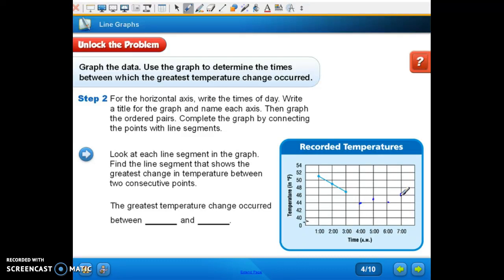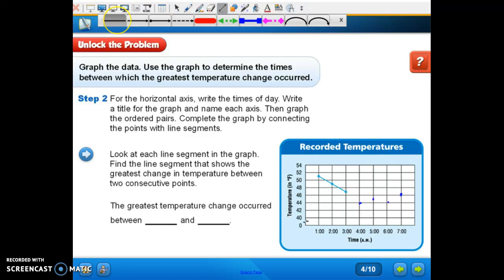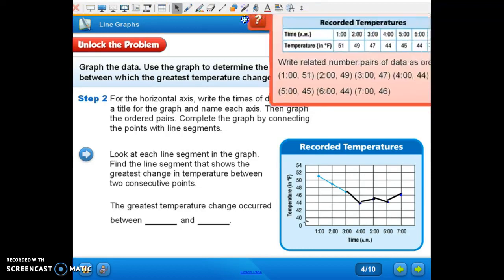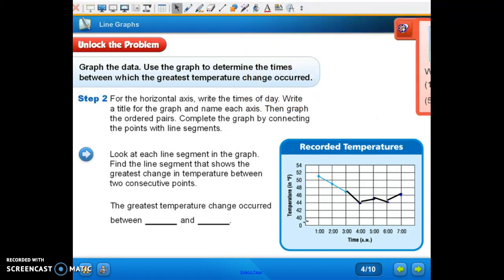Okay, now I'm going to attempt to connect these dots. And you should be connecting on your graph. So then the question was, back in our problem, what is the greatest temperature change?